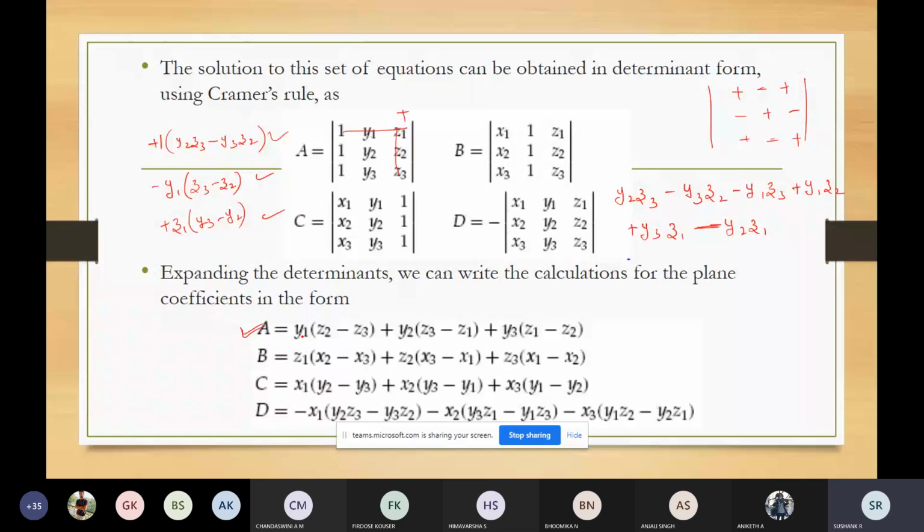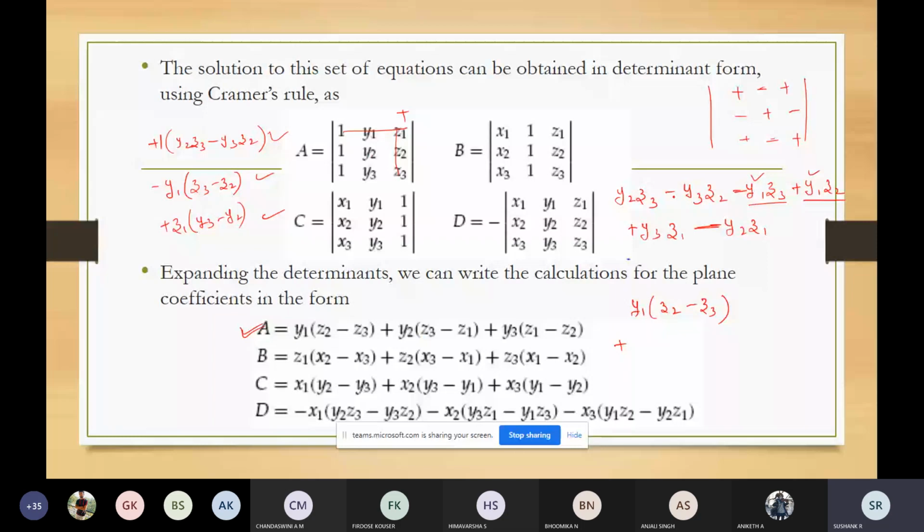Now they have taken y1 as common. These are the terms which contain y1. Taking y1 common, the next term is z2, so y1 into z2 minus z3. Next they have taken y2: where is y2?